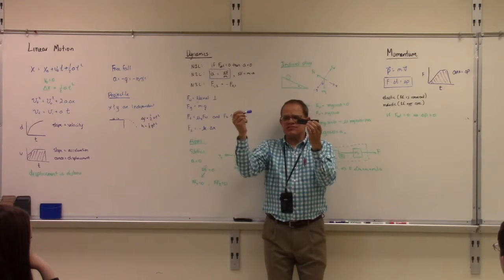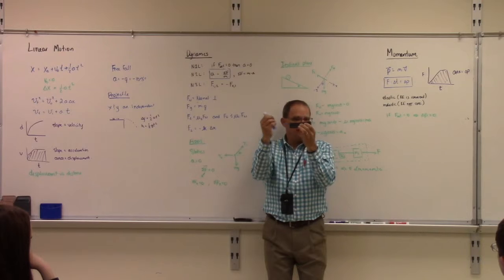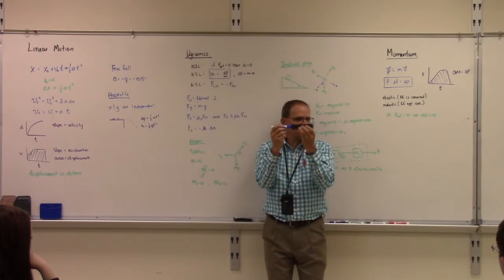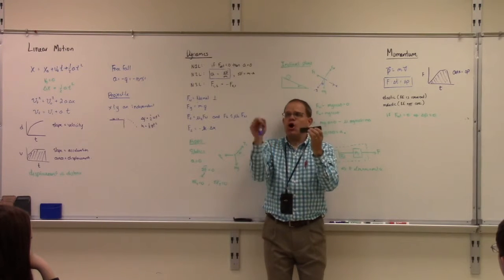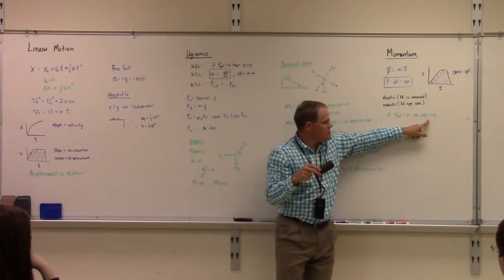This guy loses 5 units of momentum. Where does it go? This guy gains it. If this loses 5 units of momentum and there's no external forces, this guy gains it. The total change in momentum for the system is 0. That's what it means to be conserved.